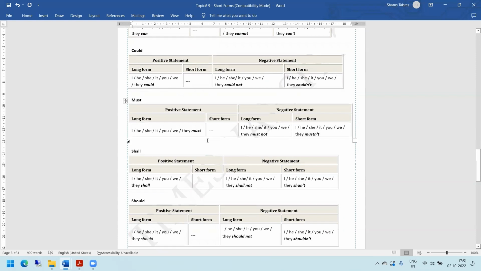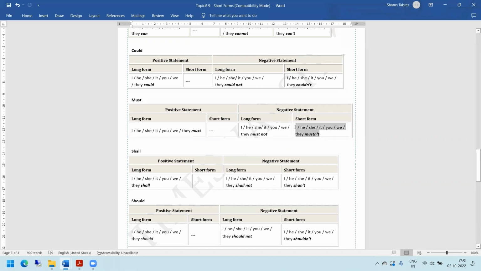So I must do this. You must do this. They must do this. In this case, there is no short form, but when we add not to it, which makes it a negative statement, then there is a short form. Like I must not, you must not, they must not. So the short form is they mustn't, right? You mustn't.